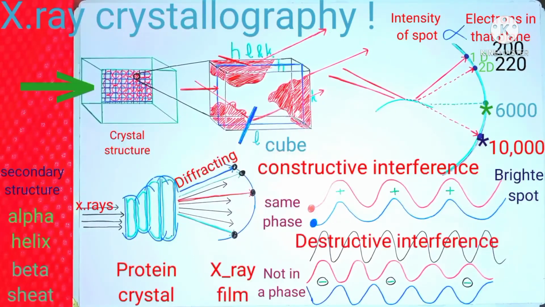We call it destructive interference, as it gives us a faint band. It is also very important what kind of nearby electrons this X-ray is affecting and scattering. Based on this band intensity and angle, we finally obtain the whole conformation, the whole design, by extrapolating the data and confirming it with the help of experimental evidence.